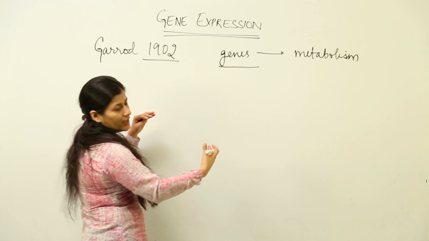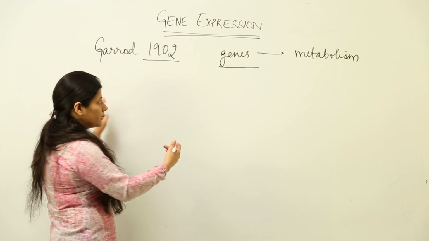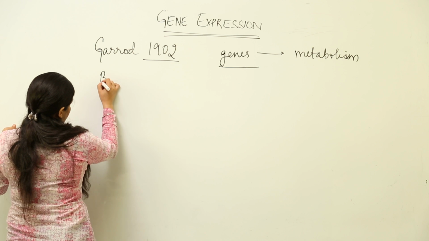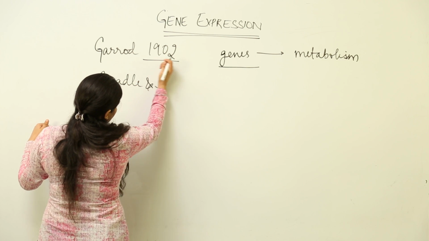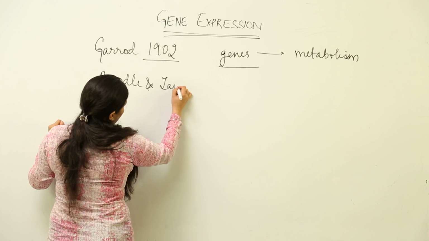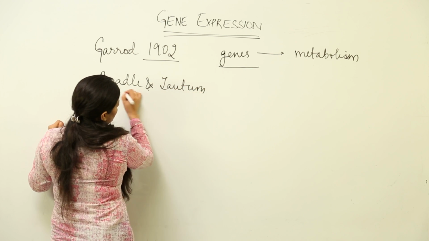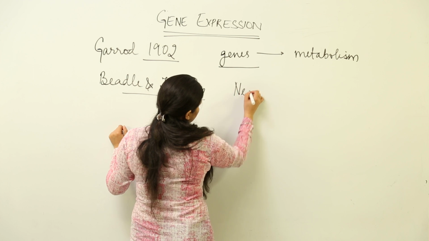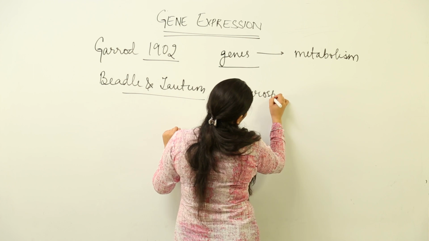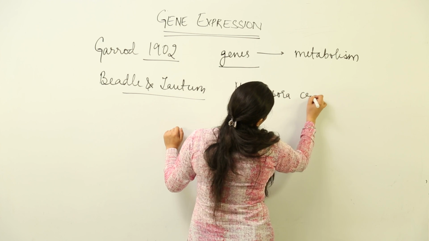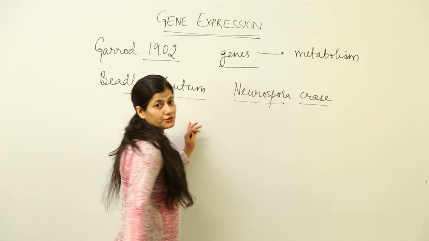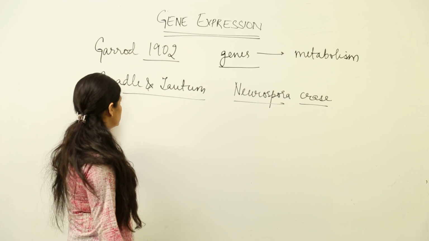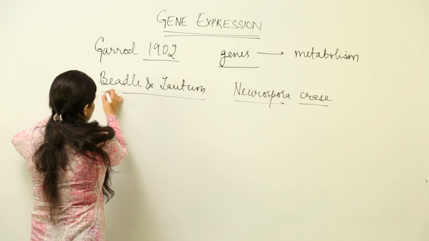Now, around the 1950s, there was an experiment carried out by Beadle and Tatum on the fungus Neurospora crassa. This fungus is known as the Drosophila of the plant kingdom, just a title it has got.